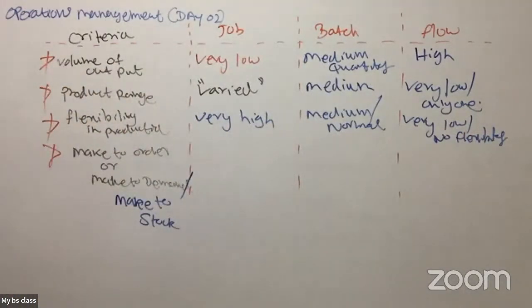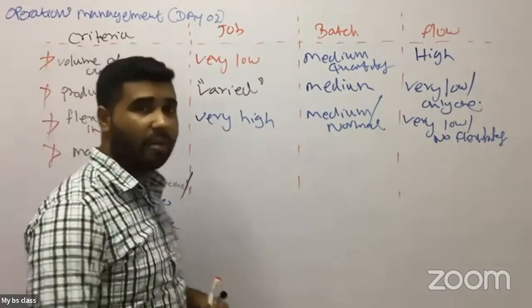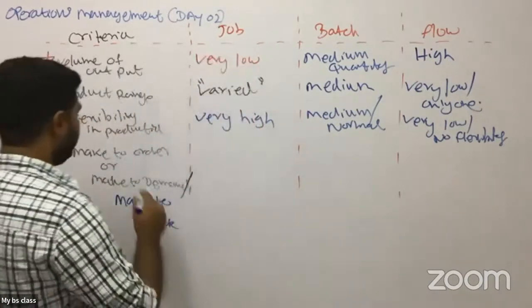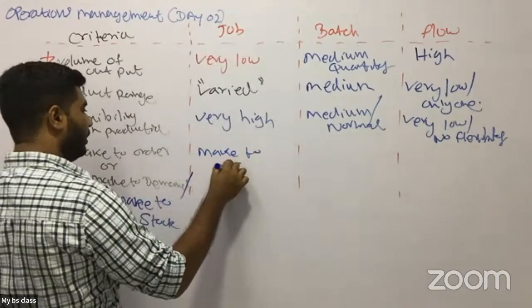Then you got the made to order or for stock. I would say yes, for the job production අනිවාර්යයෙන්ම order එකට තමයි හදන්නේ. ඒ නිසා තමයි අපි කිව්ව risk එක අඩුයි කියලා. So then you got the make to order.